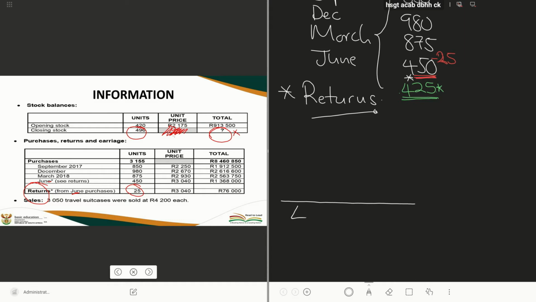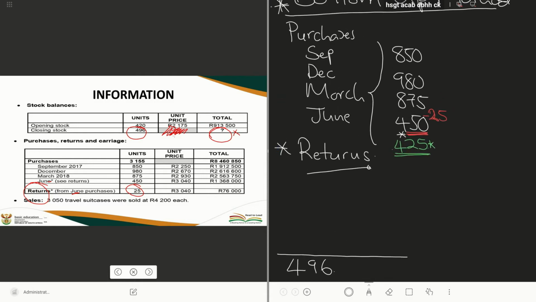You have 496 units. Brilliant. Remember what I taught you? If we have 496, that simply means these units are already sold. These ones are also sold. But this is not our problem because we have already agreed we're going to use the bottom-up method.